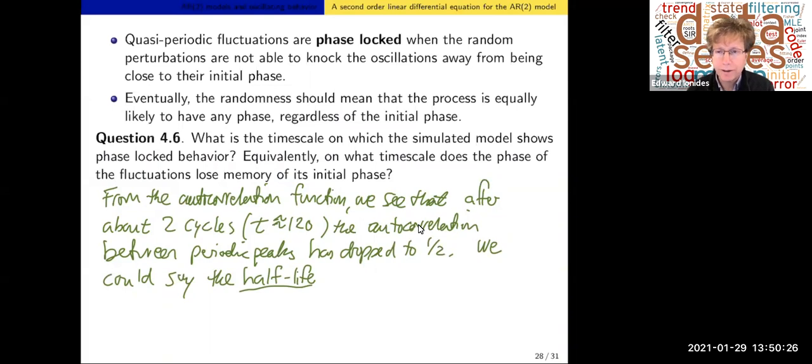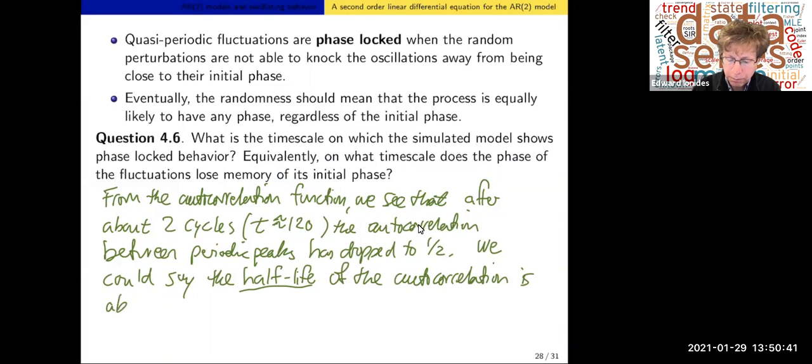For radioactive decay, for example, the half-life. So the half-life of the autocorrelation is about 120 time units. There we go. And that is the end of chapter 4. Thank you.